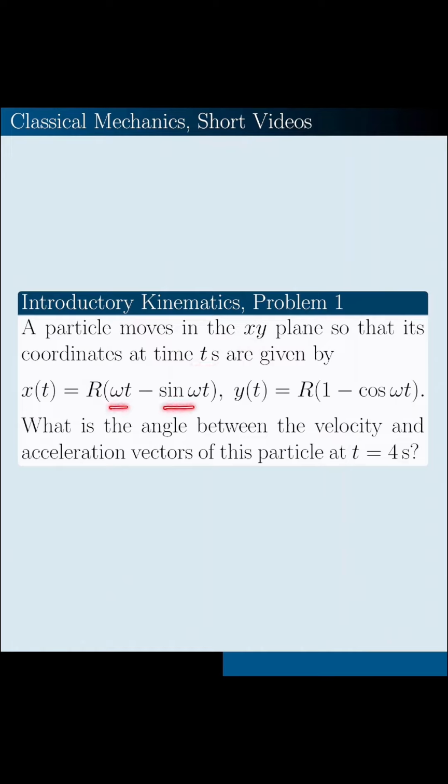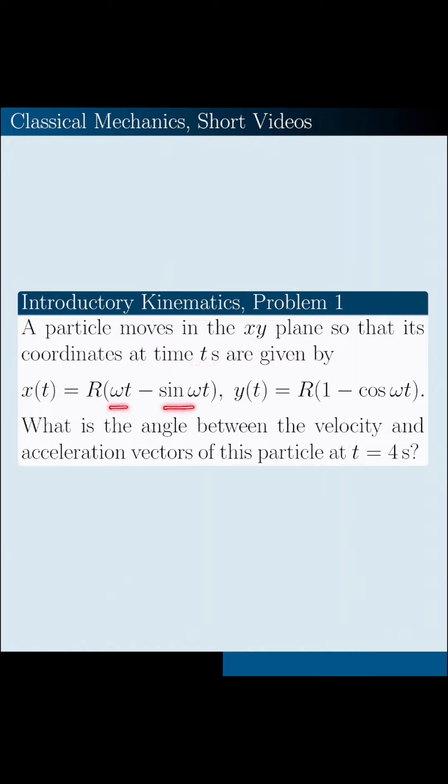If you do the calculations correctly, the answer that you will get is 2 omega. Okay, let us determine the velocity and acceleration vectors at a given time t. The vector v of t is equal to x dot of t and y dot of t.